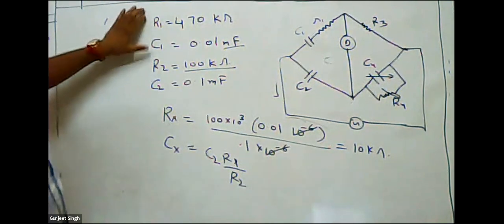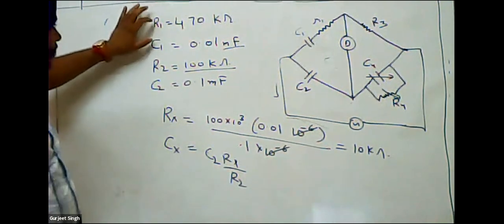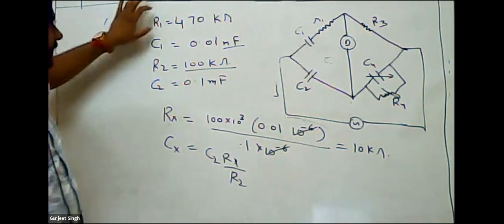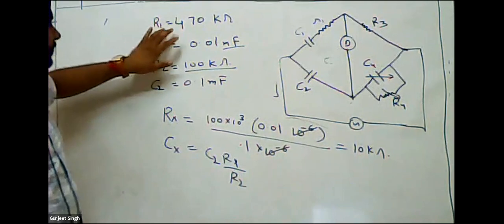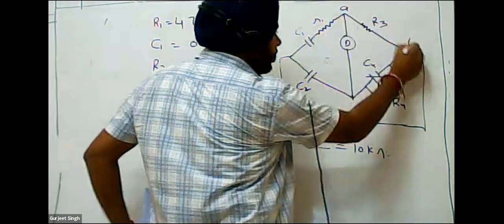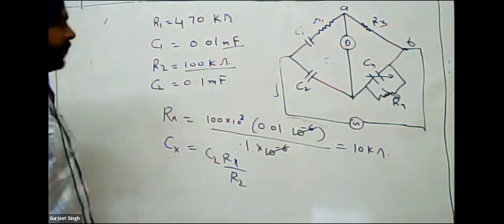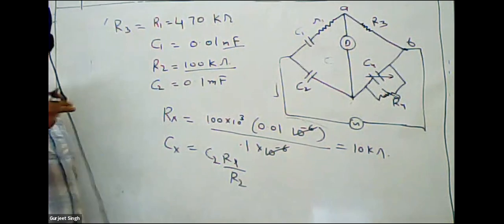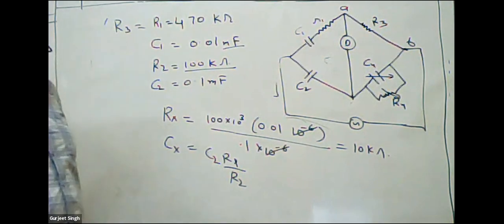In the question, the numerical says that the resistance between the arms A and B is 470 ohm. So that means this is equal to R3. This is given in your numerical part.